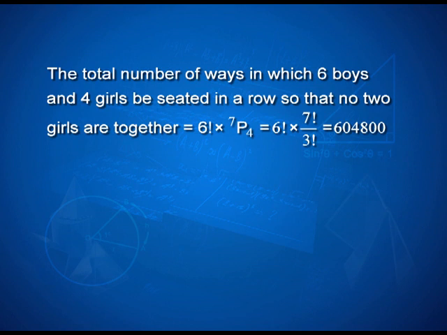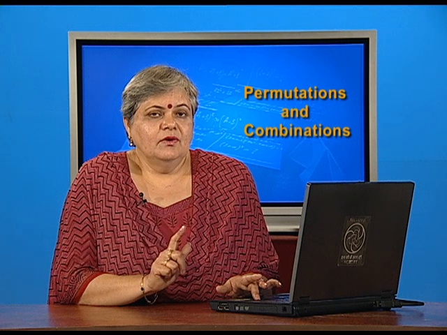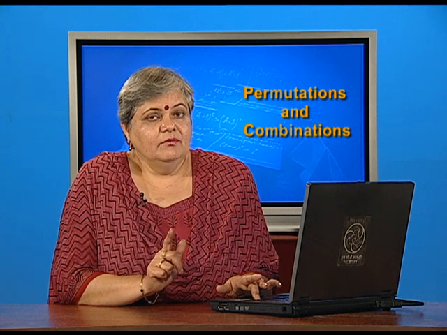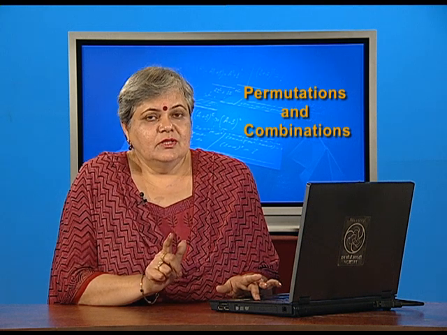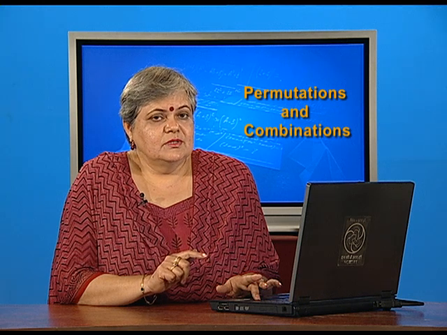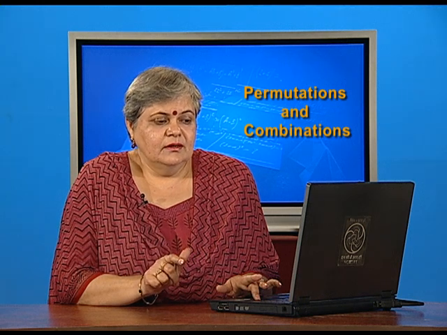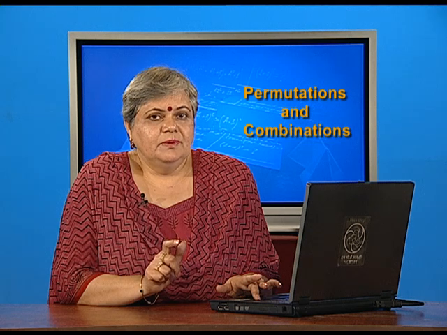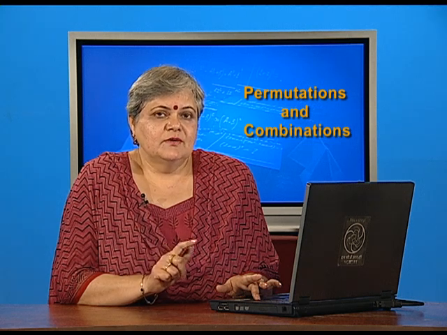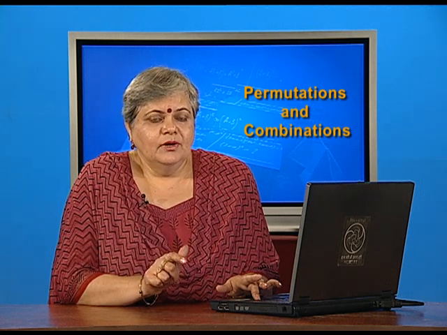So, starting with the arrangement of boys, 6 boys can be seated in a row in 6P6, that is 6 factorial ways. For 4 girls, we have now 7 places, but we have only 4 girls. Therefore, the number of ways they can be seated so that no 2 girls are together is 7P4, the number of permutations of 7 objects taken 4 at a time.